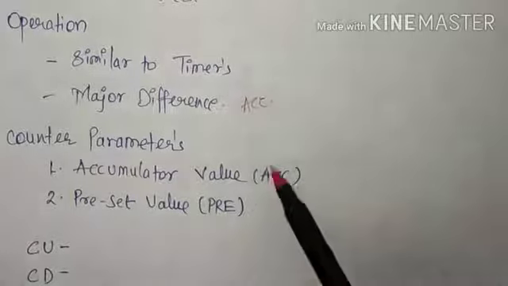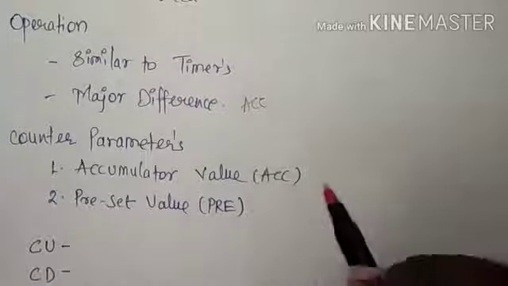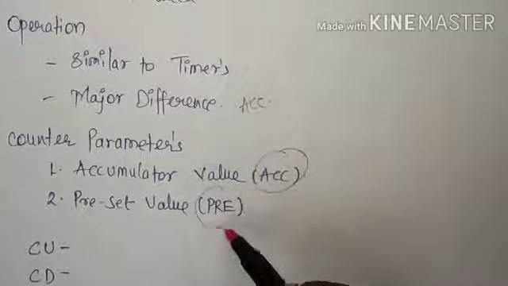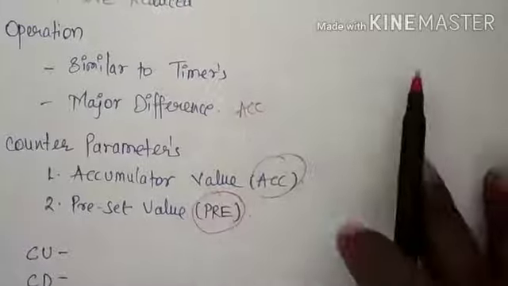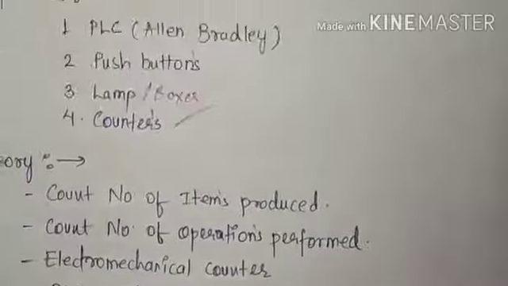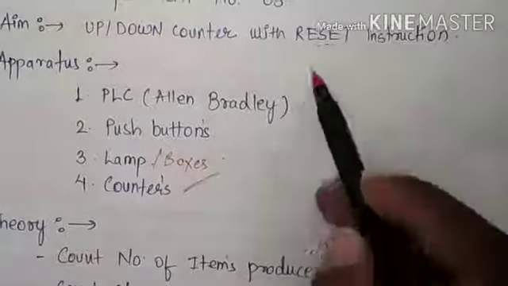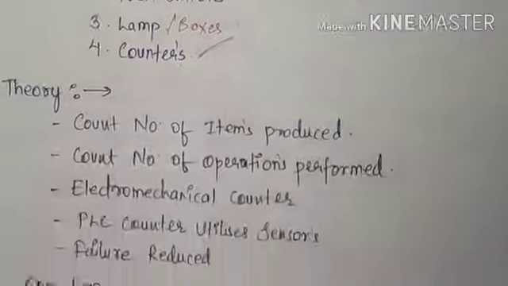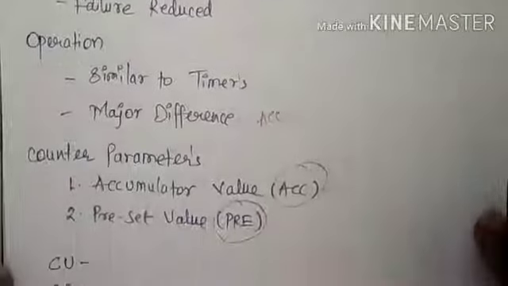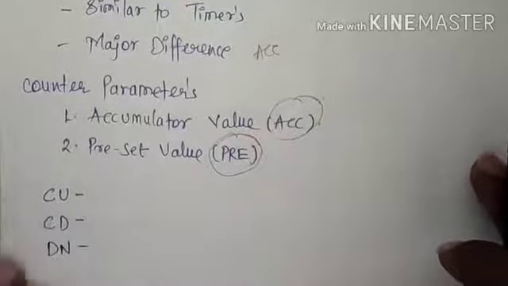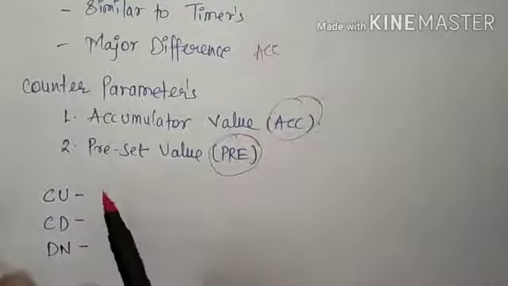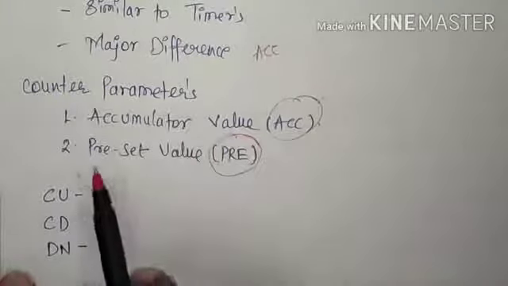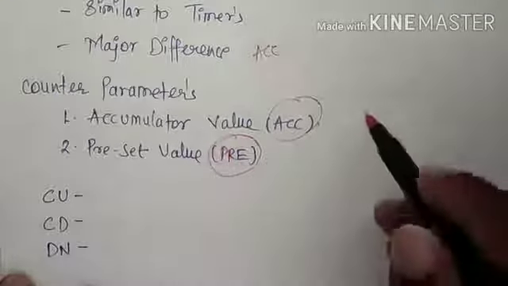Now there are two important parameters in the counter. The first one is the accumulator value, denoted by ACC, and the preset value, denoted by PRE. In our experiment we use an up-down counter with reset instruction, and we will look at it with one example so that the experiment is clear.